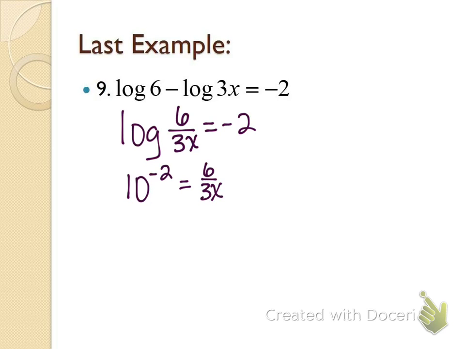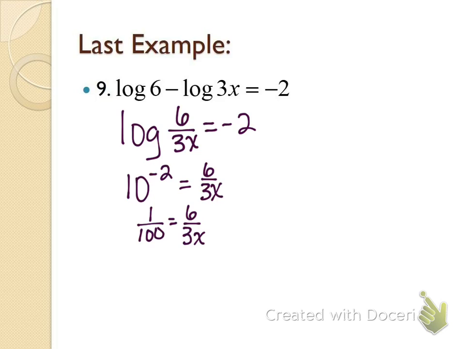Do you remember that? Negative exponents give us fractions. So normally 10 to the second power would give me what? 100. But because it's going to have to then go into a denominator, it's 1 over 100 equals 6 over 3x.